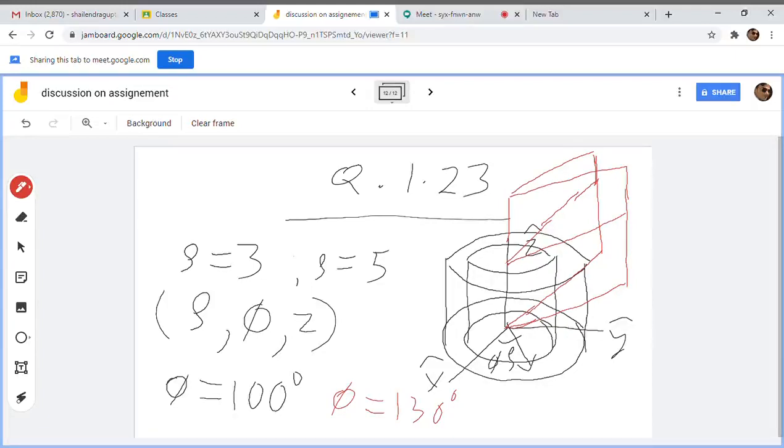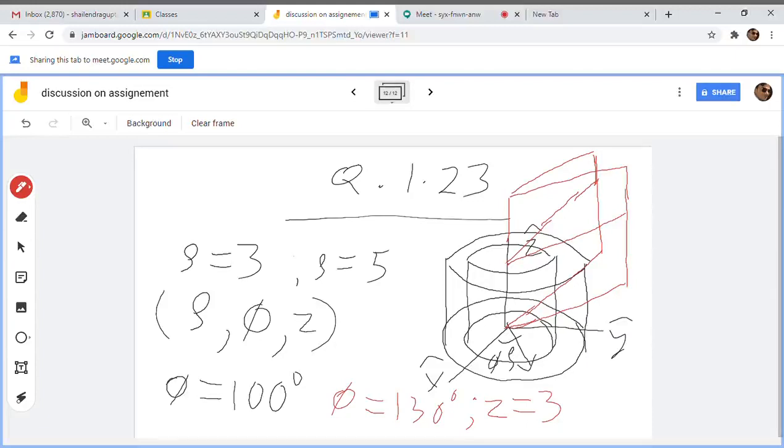Then another is z is equal to 3. So what will this be? If you are making z constant, and rho and phi are changing, what does that become? It becomes a disk. You are covering the whole rho and you are covering the whole phi.